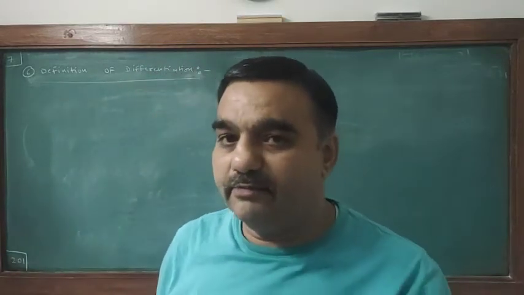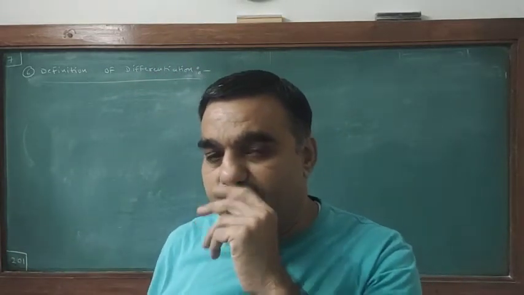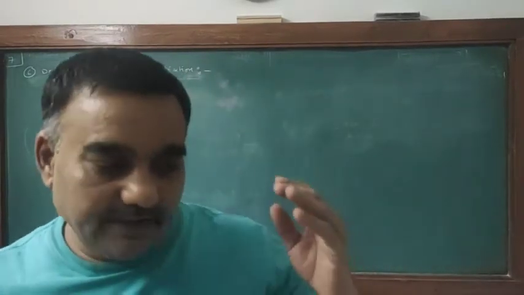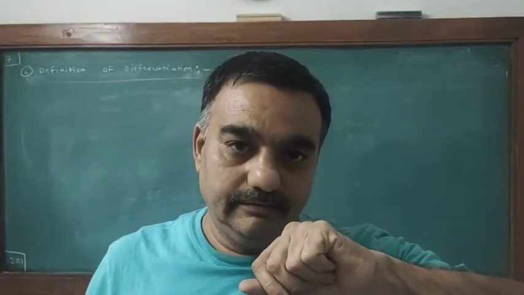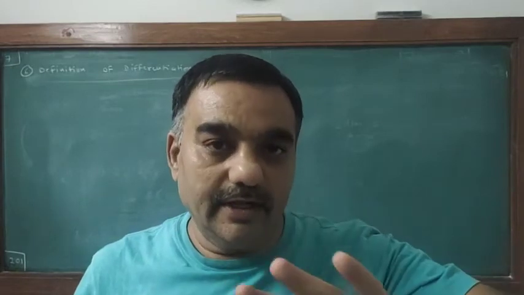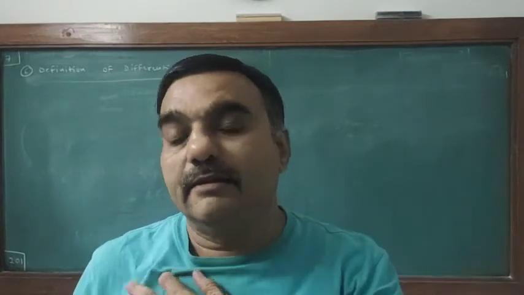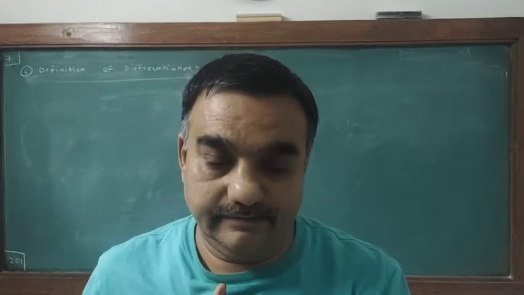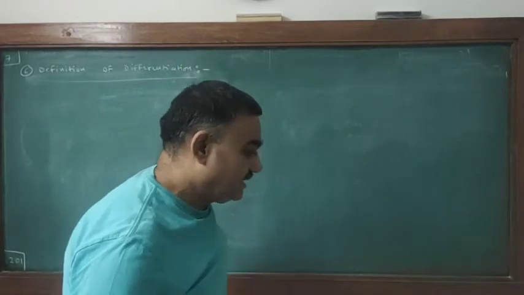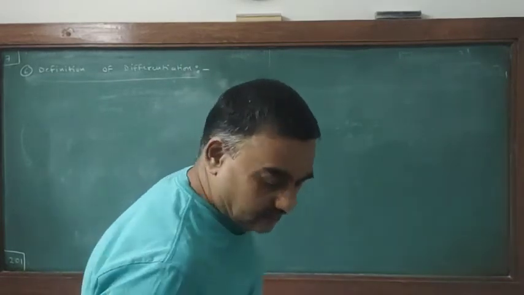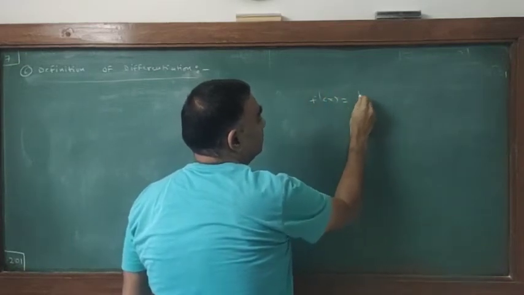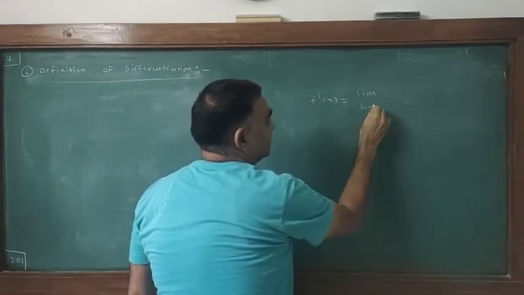Do you remember the definition of differentiation? That is dy by dx, but that is a symbol. The definition is the difference of y coordinate, dy by dx, but the definition is different. What is the definition of differentiation? f dash x is the limit as h tends to 0.